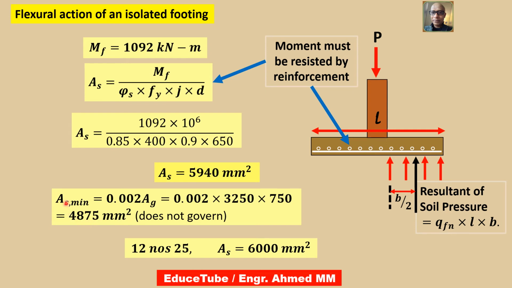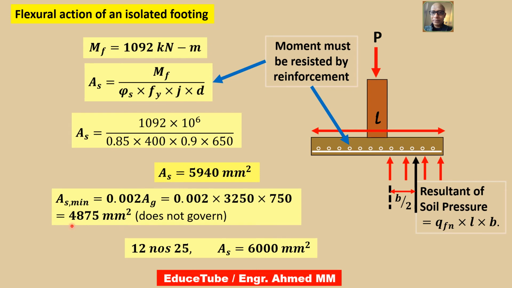Another important thing, we also have to find the minimum steel amount. There is a code requirement of 0.002 AG, where AG is the area of the section. 3250 multiplied by 750 gives 4875 millimeter square.